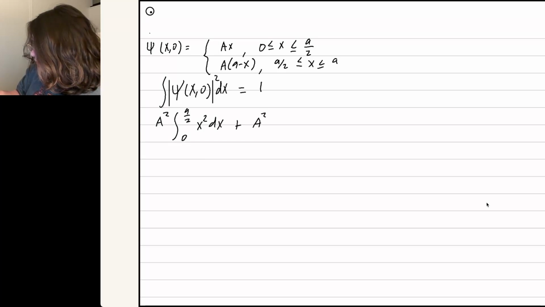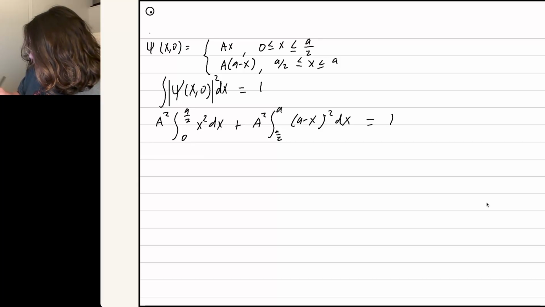We have an a squared from a over 2 to a, and then it's just a minus x squared dx. Set that equal to 1.